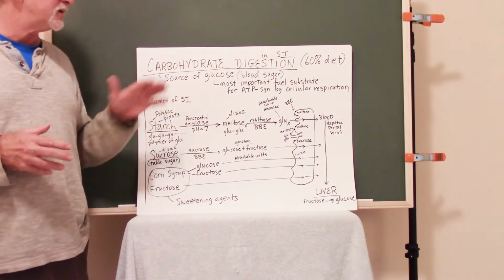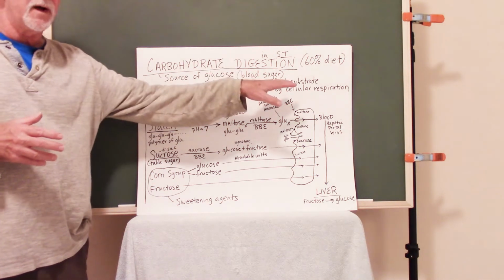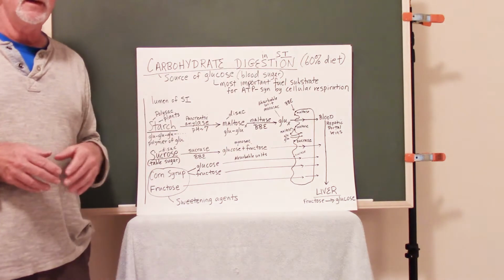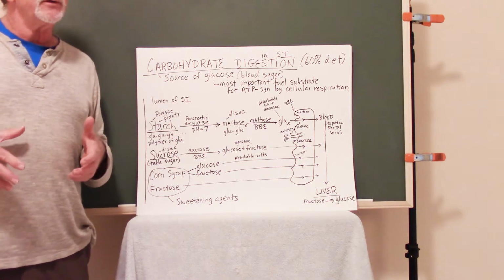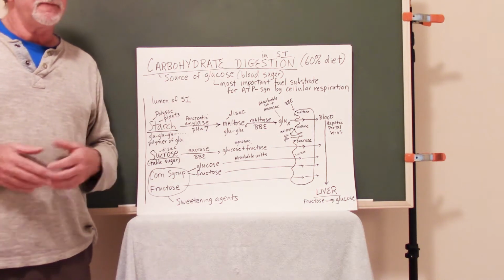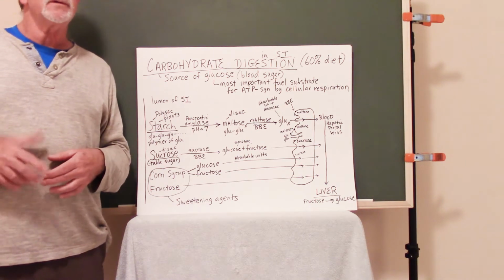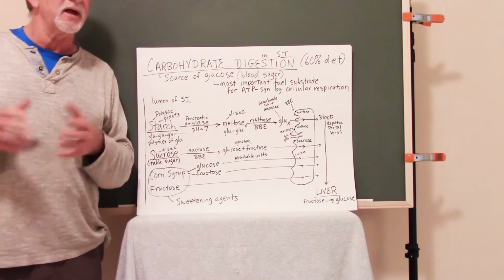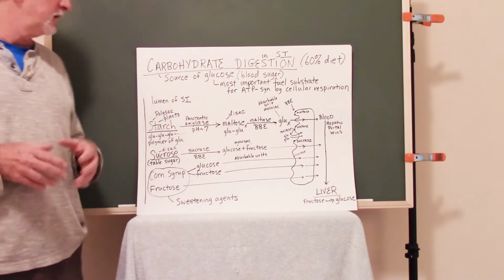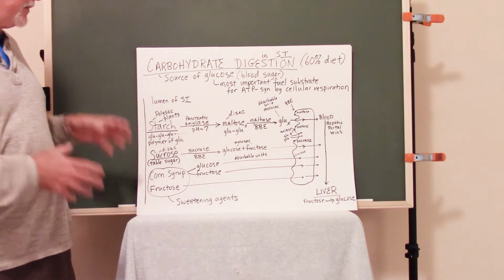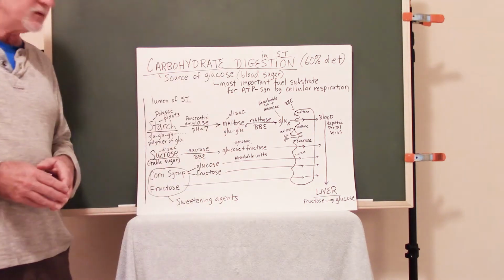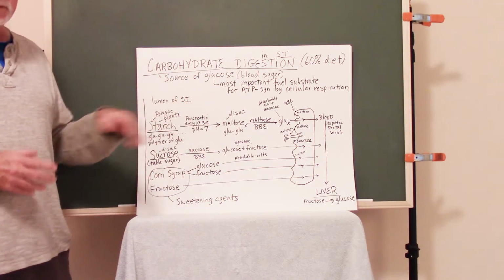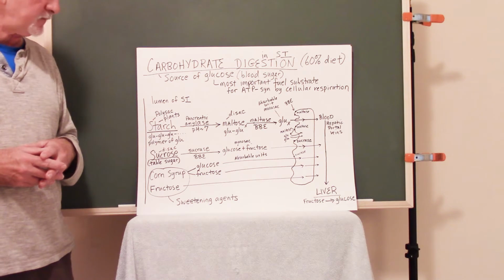And glucose is the most important fuel molecule or fuel substrate used during cellular respiration to make ATP. And the ATP, of course, is essential for ATP-dependent reactions that are critical to the life of a cell. So, this is going to be a set of reactions that occur in the lumen of the small intestine.